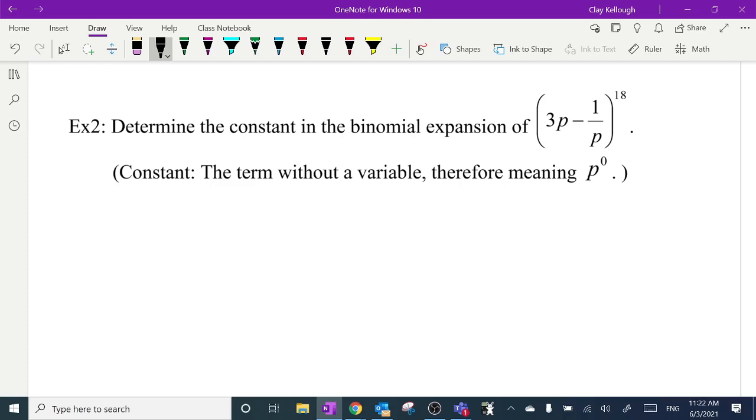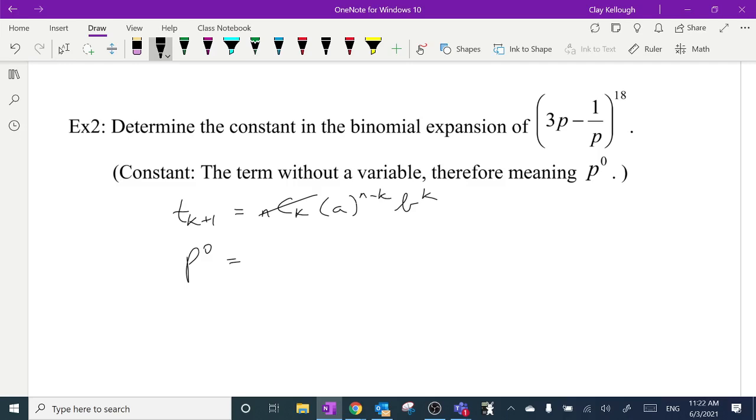So that means, and I'll do this the first way again, right? That means that t sub k plus 1 is equal to n choose k times a to the n minus k times b to the k. So I want the term p to the 0. And I don't care about this part, because again, I don't care about the coefficient.